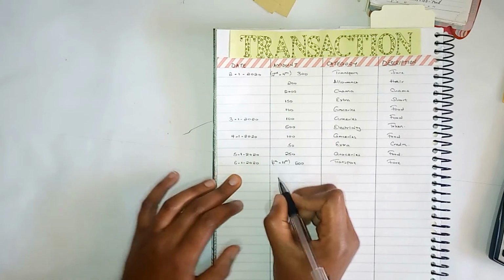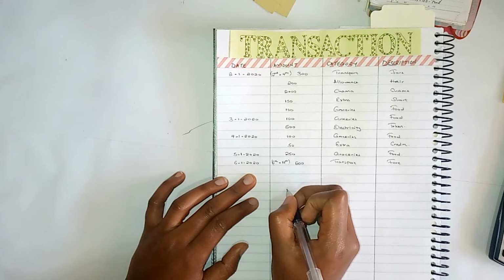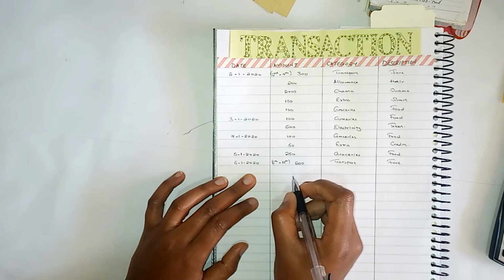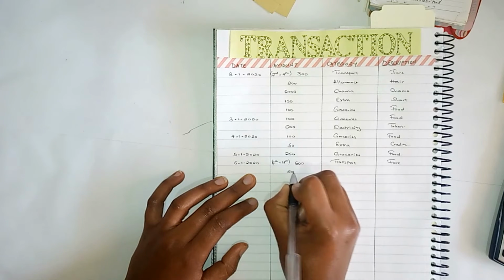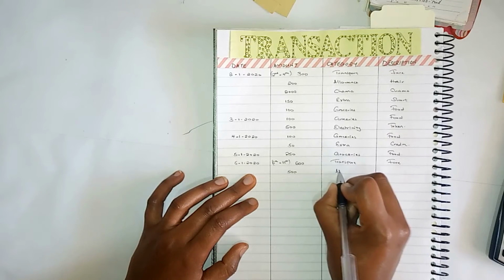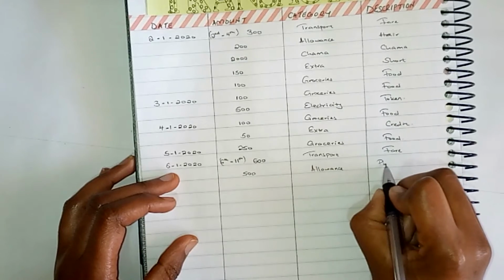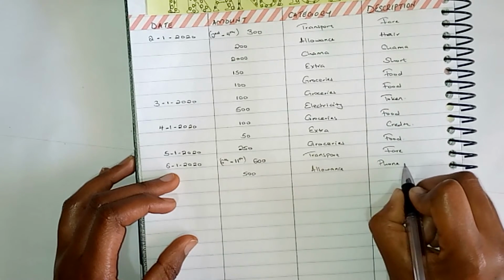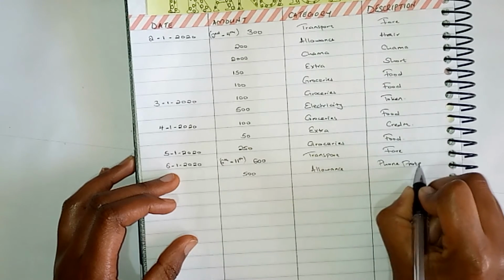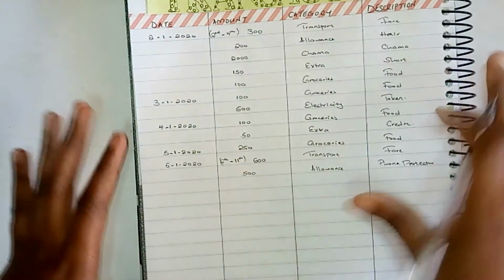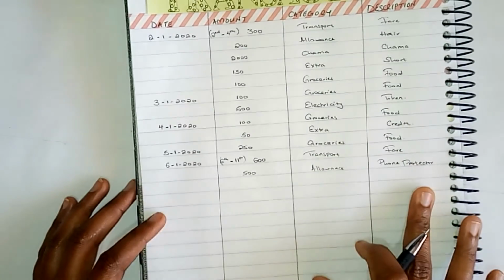Then on the same day, I used up 500 shillings, allowance, and I use this for my phone protector. The liquid type, the new type that is everywhere.